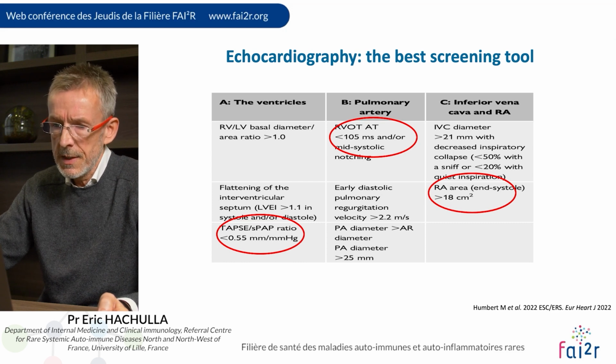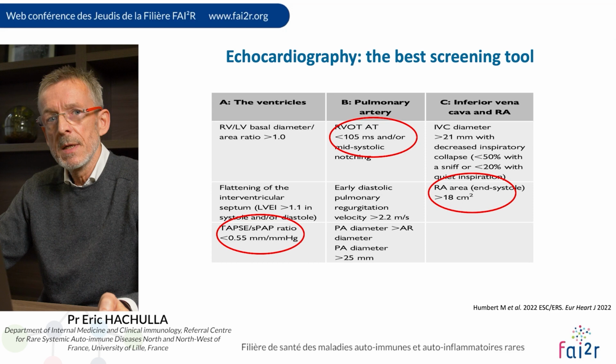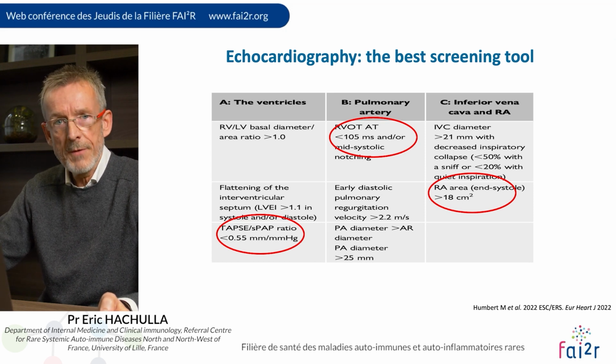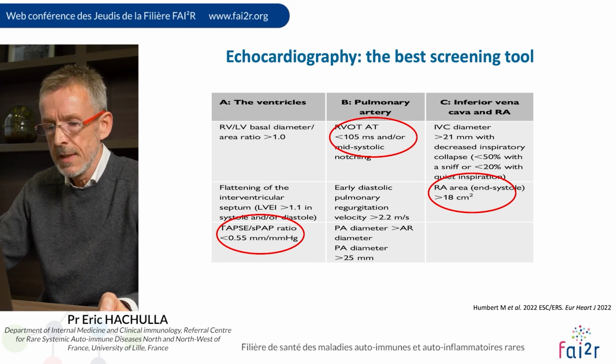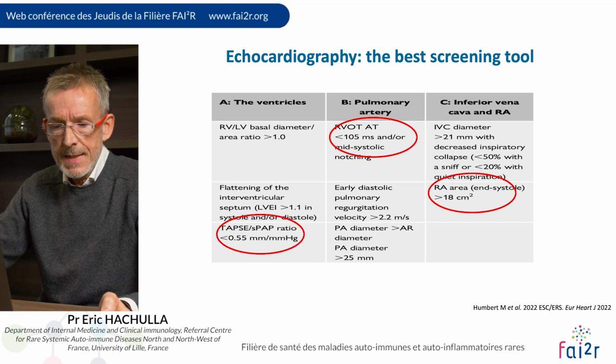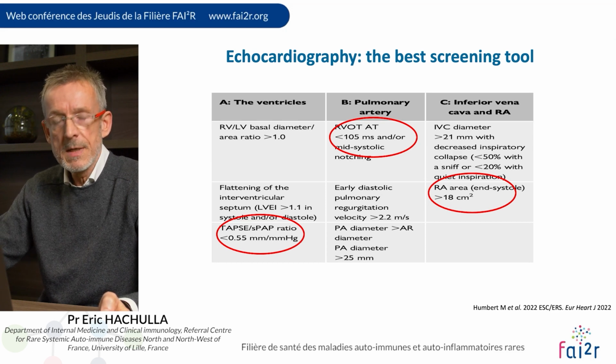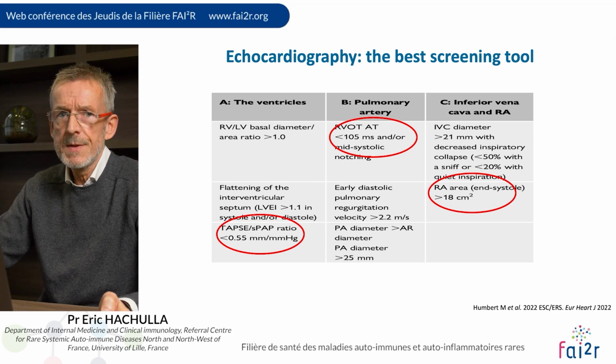If the pulmonary acceleration time is lower than 105 milliseconds, you have to think about the possibility of pulmonary hypertension. It's also the case for the TAPSE/systolic PAP ratio. If this ratio is lower than 0.55, it's a risk of pulmonary hypertension, and you have to discuss the realization of a right heart cath.